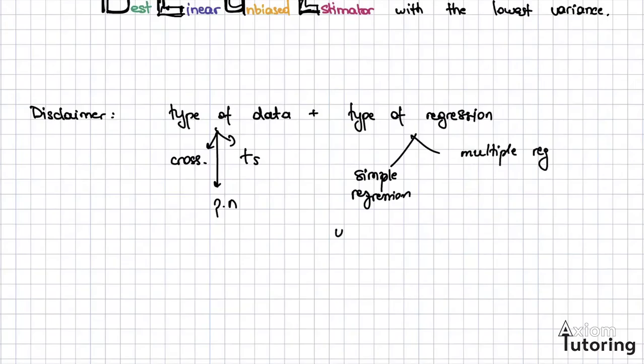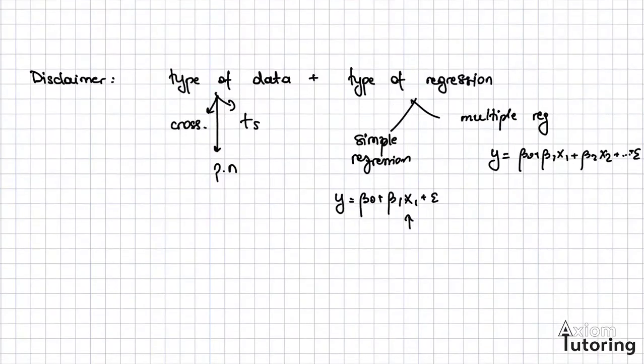Keep in mind, simple regression is just y equals beta null plus beta 1 x1 plus error term, meaning you only have one x, and multiple regression is y equals beta null plus beta 1 x1 plus beta 2 x2, and you can add as many betas, like x variables, as you need. Now, continuing on the disclaimer, you will see for the simple regression labels such as SLR, while for the multiple regression, you'll see labels such as MLR.